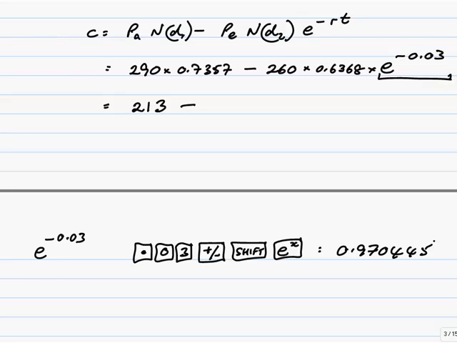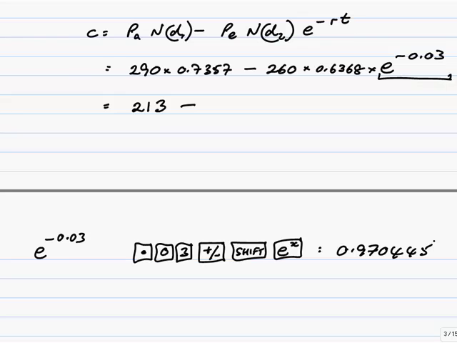So, for the last time, every calculator is different. If yours has different buttons or uses a different logic, practice, read instructions, but there's the answer you're looking for, that e to the minus 0.03 is 0.97.